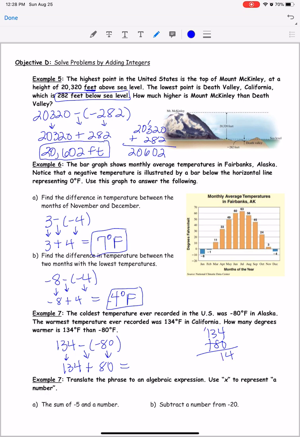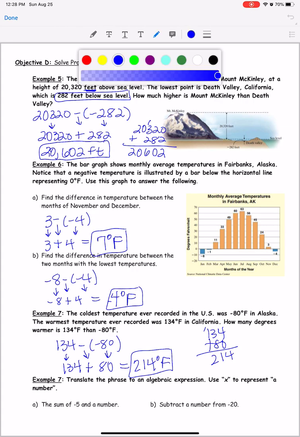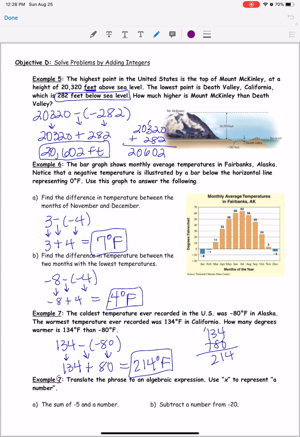Carry your 1. And then you've got 2 right there. So how many degrees warmer is 214, and we're still in degrees Fahrenheit in this problem, so 214 degrees Fahrenheit. And then your last problem, this should be example 8, so my bad there.